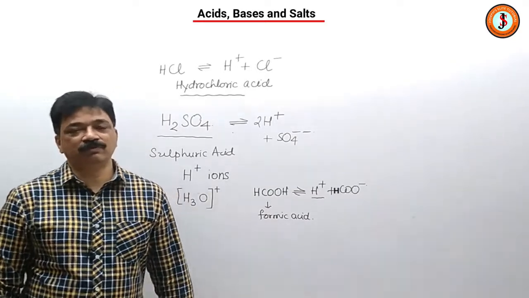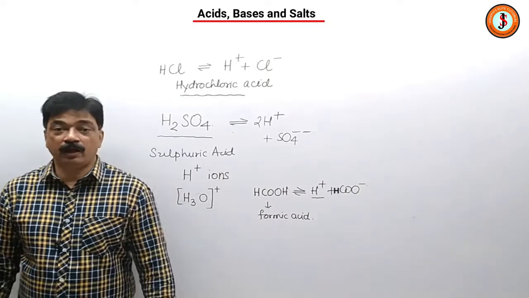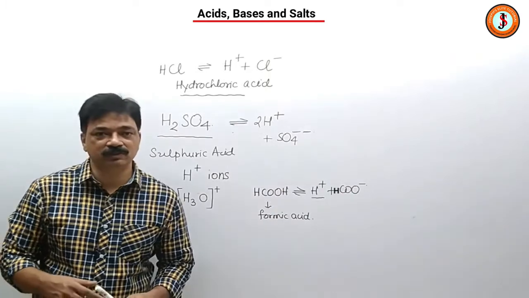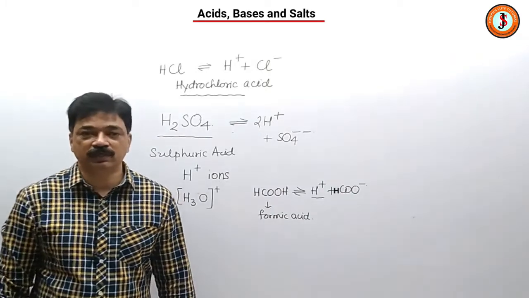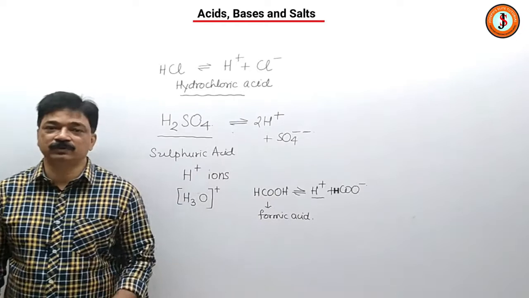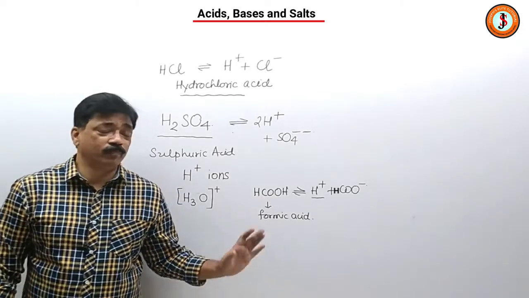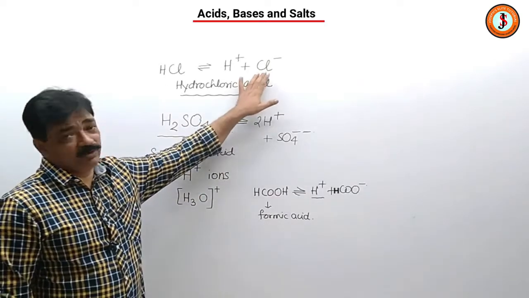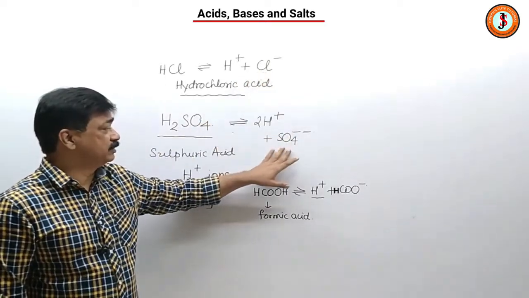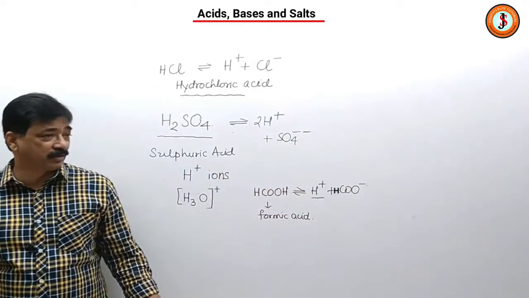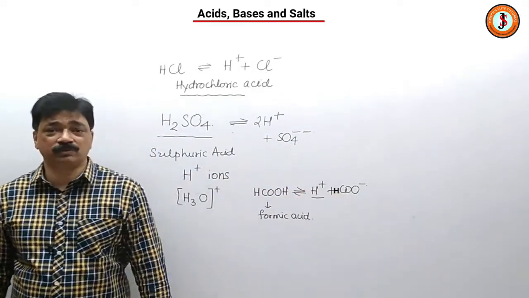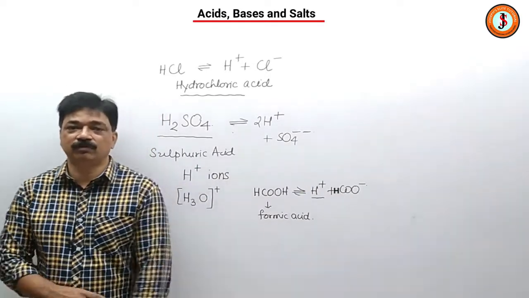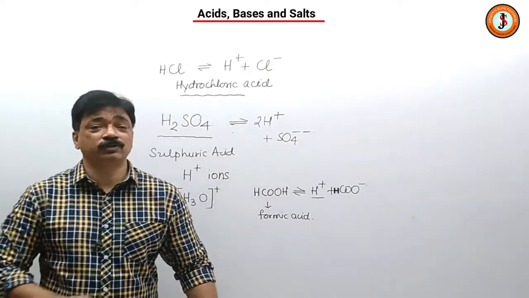In the latest advanced way we speak about hydronium ions, H3O plus. The positive ion is fixed, but the negative ion can be chloride, sulfate, carboxyl, and so on. The negative ion in an acid will be different, but the positive ion will be fixed.